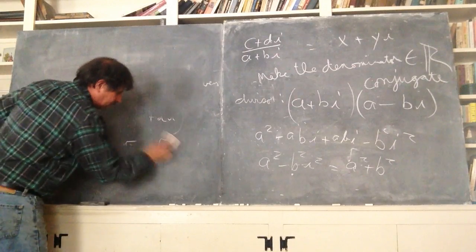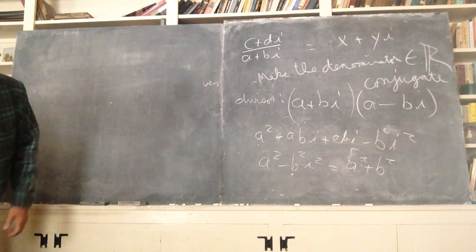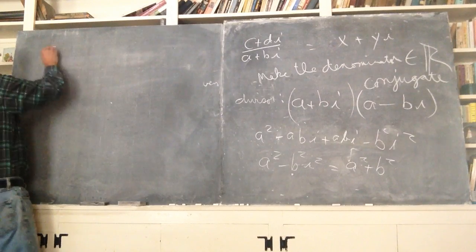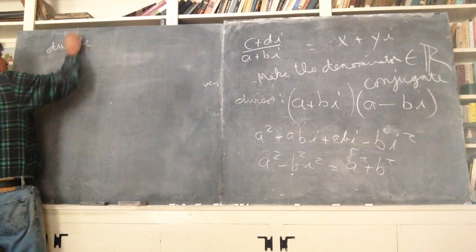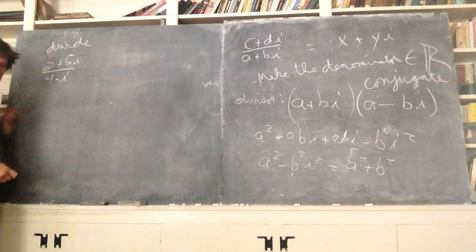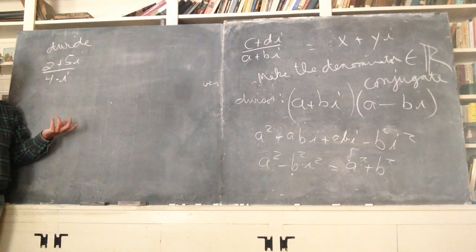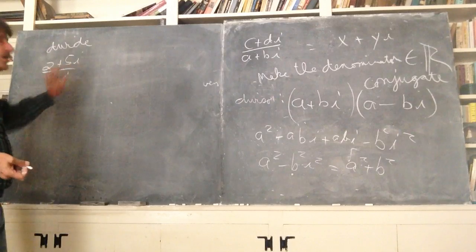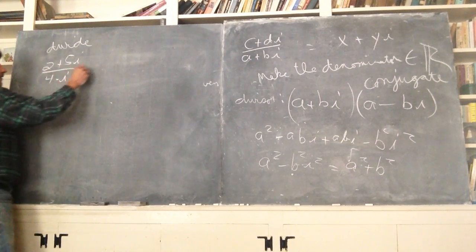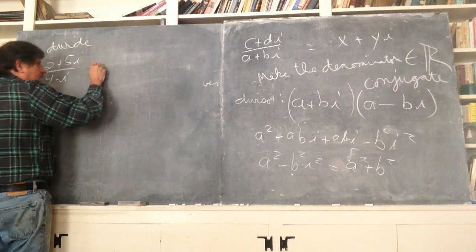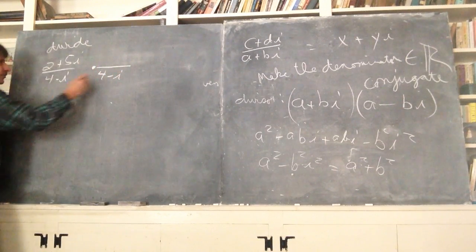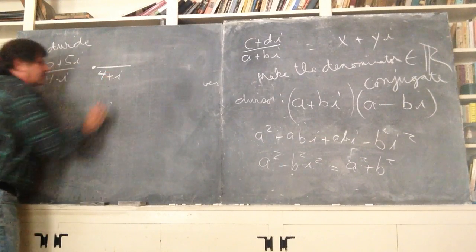Example. How about up here? 2 plus 5i divided by 4 minus i. I want to divide them. How do you do that? Well, we need the complex conjugate of the denominator.